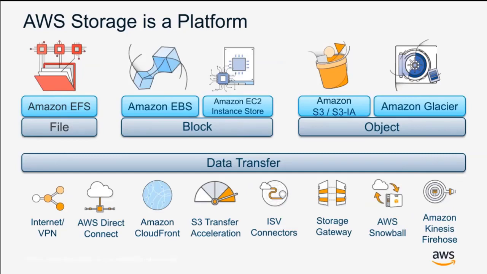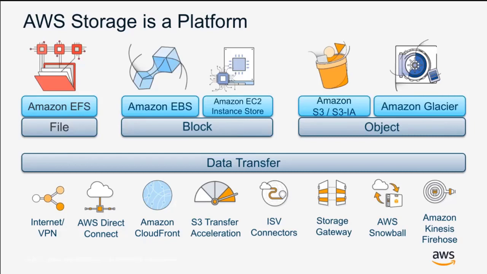Expanding on storage a little bit, there are a number of different storage platforms that AWS offers, from file-based storage and block-based storage to complete object-based storage. In each of these families, there's at least one, usually two offerings. For file-based storage, we have the Elastic File System.